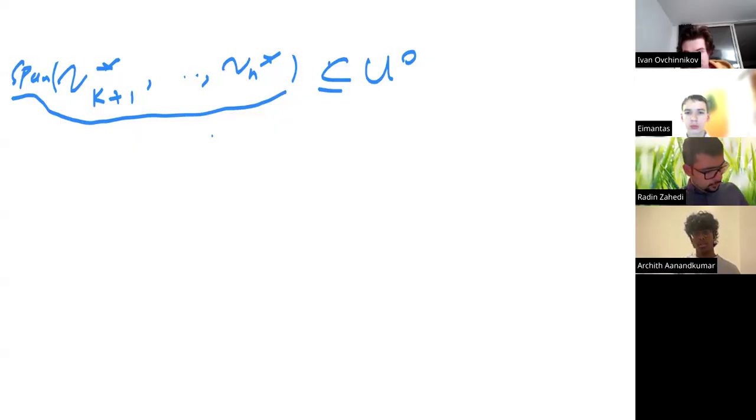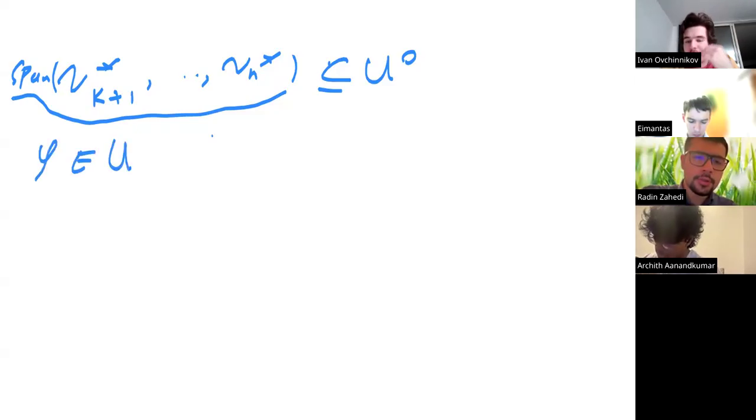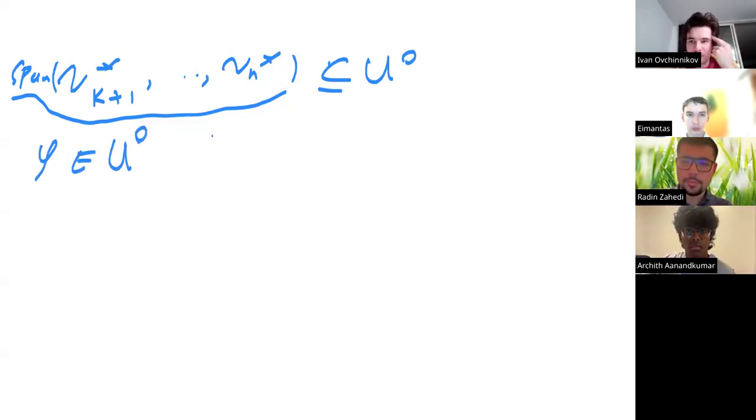Well, you have this inequality, and then I think you could take an arbitrary element in the annihilator, and then try to show that it can be spanned by some vectors in there. So we have an element in the annihilator. My general advice is, if you're not sure how to proceed with showing that something is something, you should write out the definition of what it means to be that something.